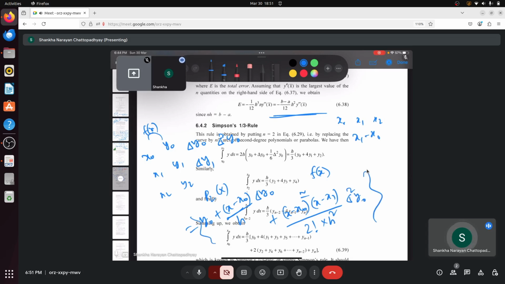If you integrate it from a to b of f(x) dx, you get the Simpson formula.